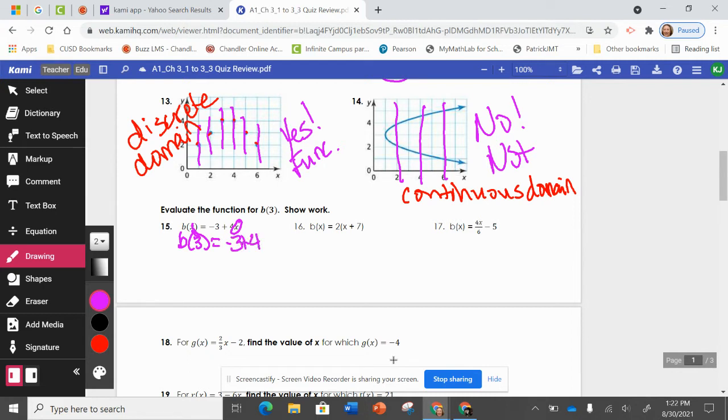So negative 3 plus 4 times 3. Following your order of operations, you do the 4 times 3 first, which is 12. And negative 3 plus 12 is 9. So b of 3 is equal to 9. I plugged 3 in for b, and I got an answer of 9. That's what that's saying.